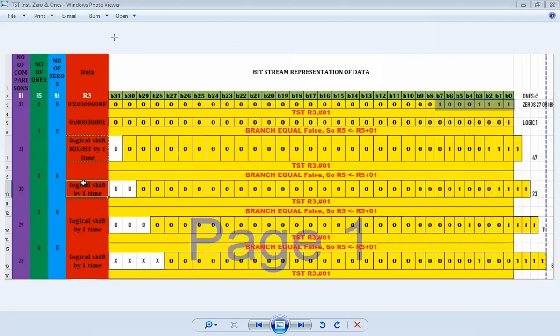Let us say R3 has this value, comprising the 32 bits right from B0 to B31.